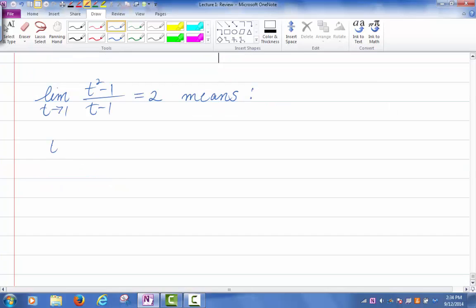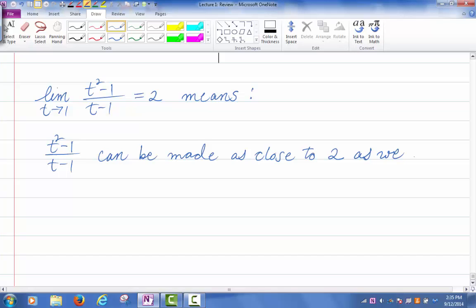The value of this ratio can be made as close to 2 as we desire, how close to 2?